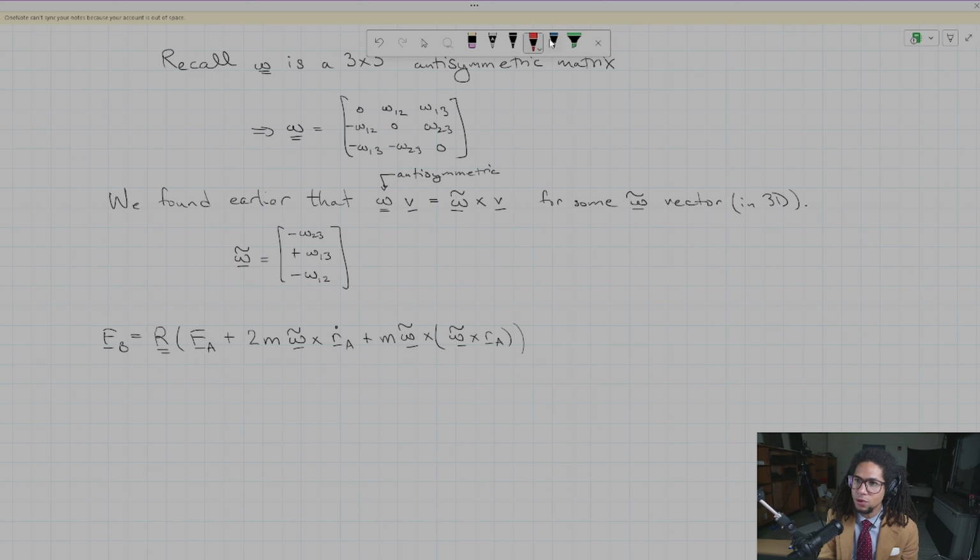Let me again note that this is our Coriolis force, and this is our centrifugal force.